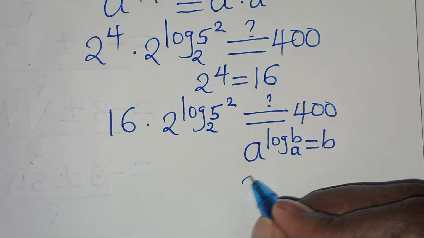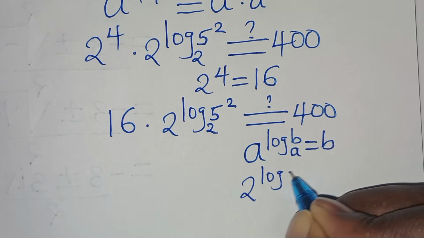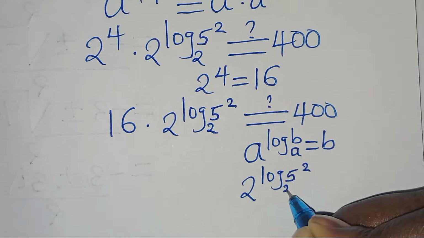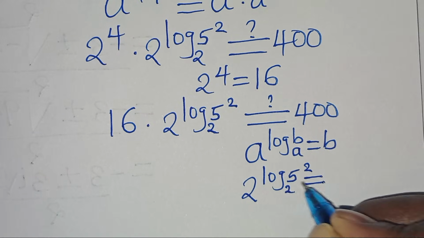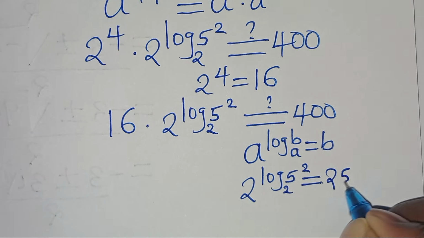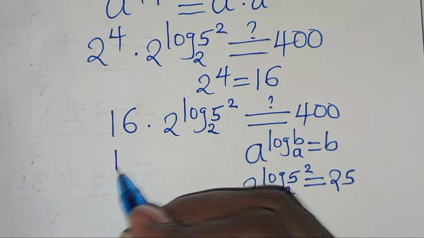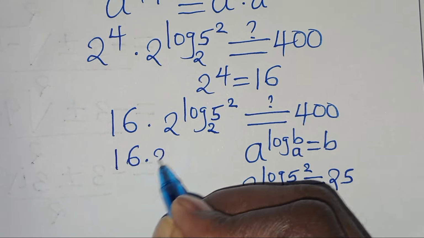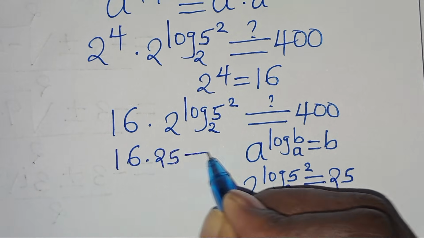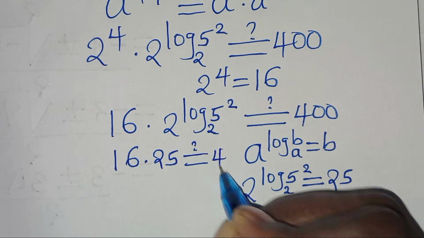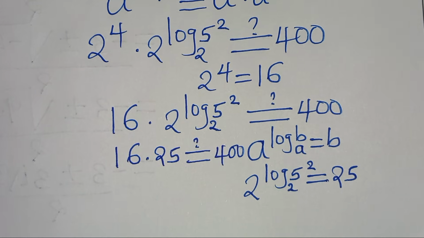So 2 to the power of log 5 squared to base 2 should give us a value of 5 squared, which is 25. So we have here 16 multiplied by 25. This should give us a value of 400.